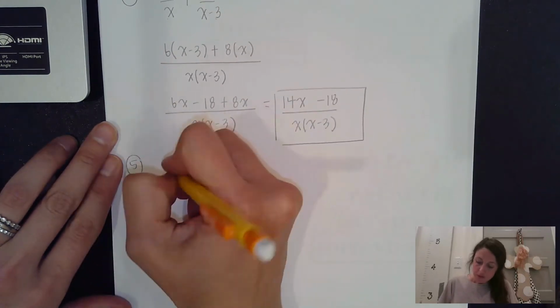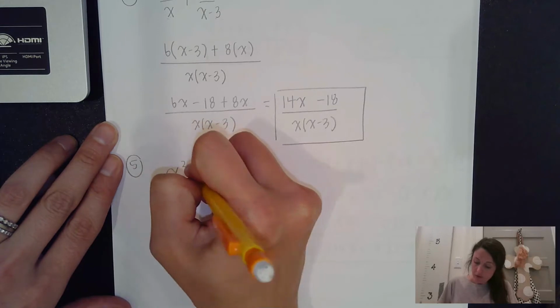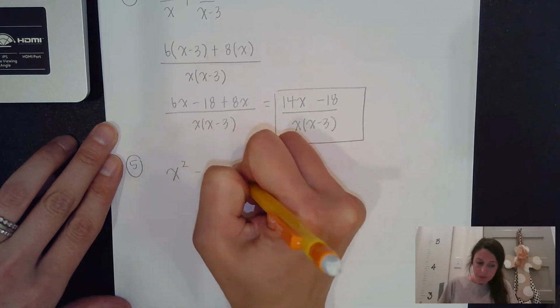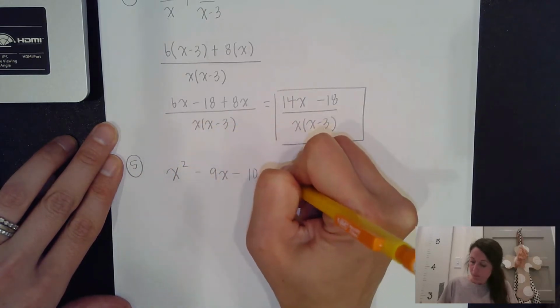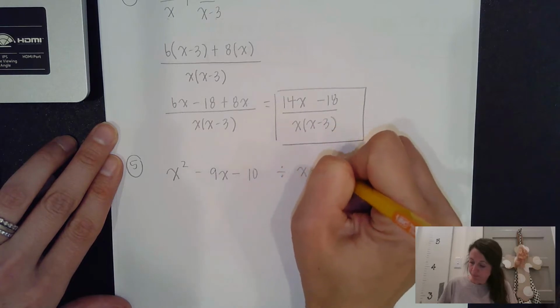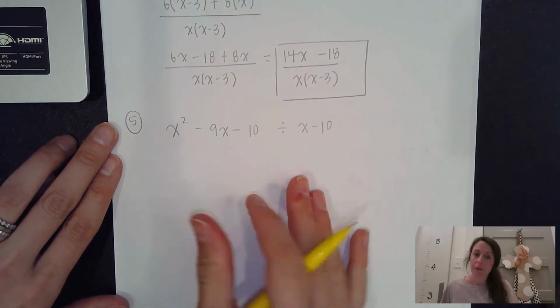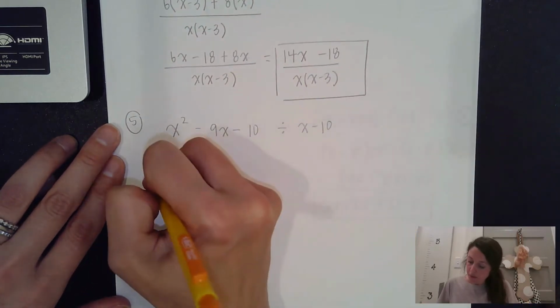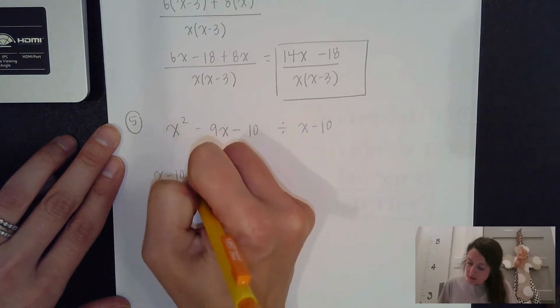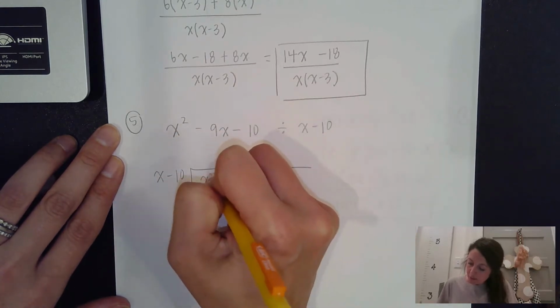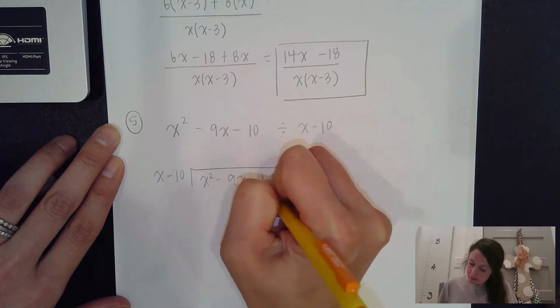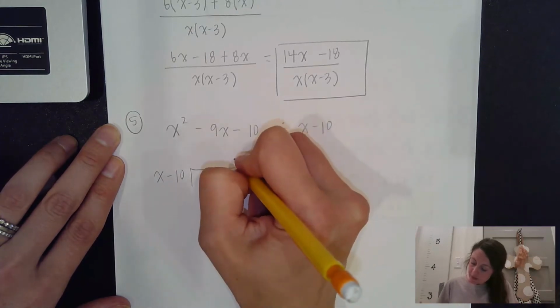We also talked about polynomials, so using long division with our polynomials. So if I want to divide these polynomials together, remember you do x minus a 10, and then you have x squared minus a 9x minus a 10 here. So what multiplies?